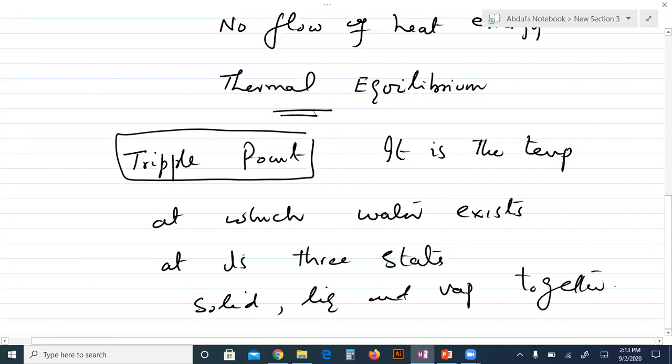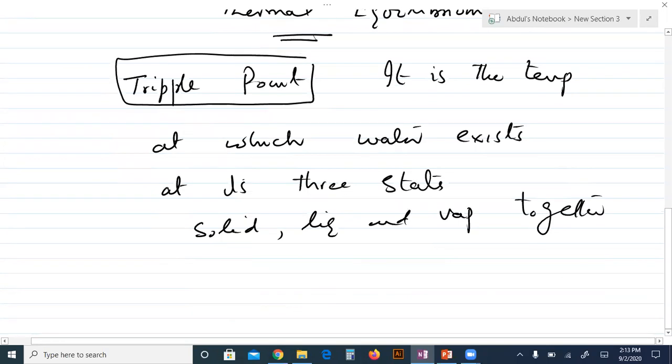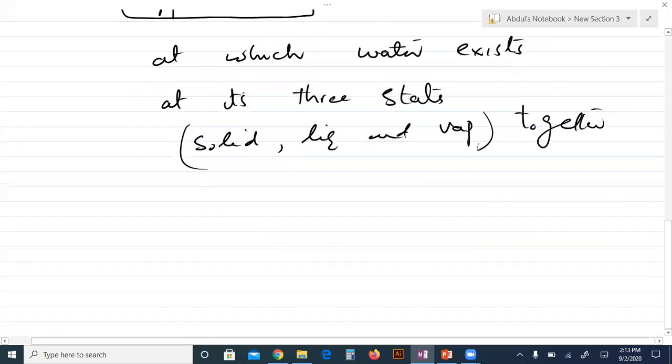So this is the temperature at which water exists at its three states together, solid, liquid, and the vapor, is called triple point, and it is 273.15 Kelvin, mean approximately 0 degrees Celsius.